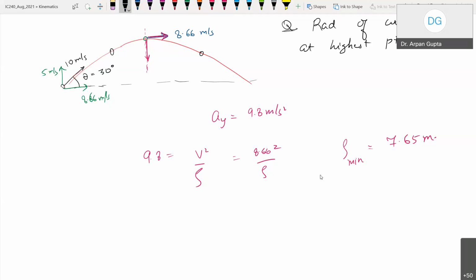So at this instant it has a center 7.65 meters away, and it is taking a pure rotation about a point which is 7.65 meters away. And this can be calculated for all the locations.